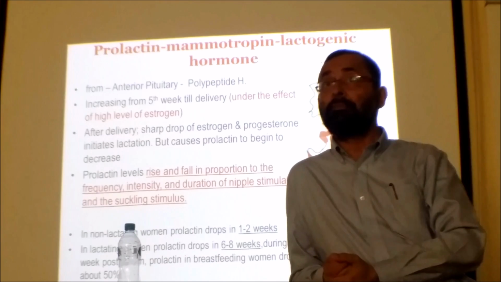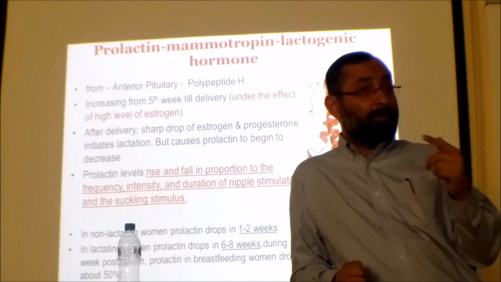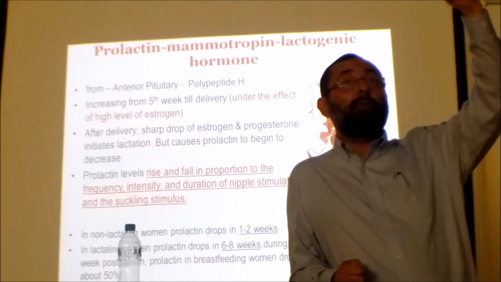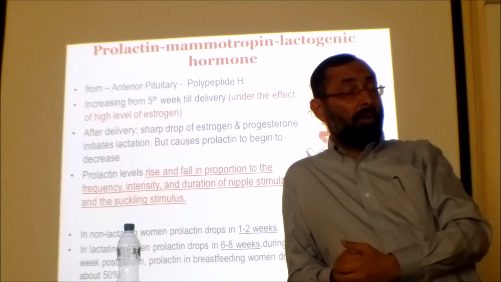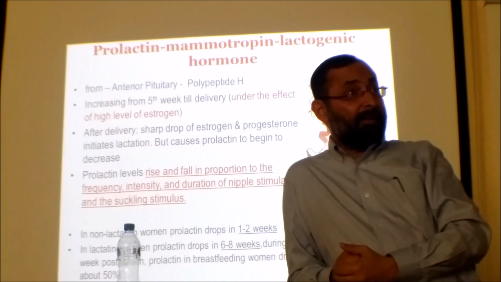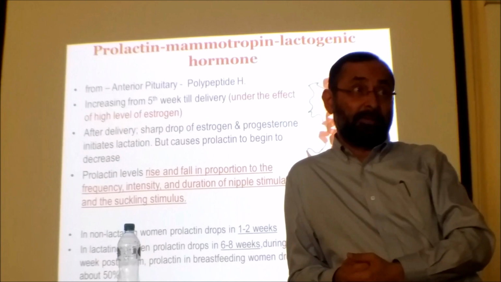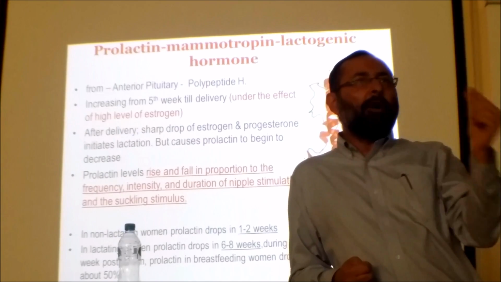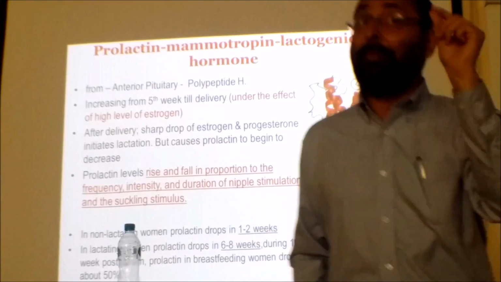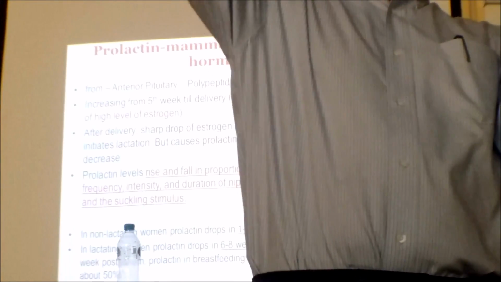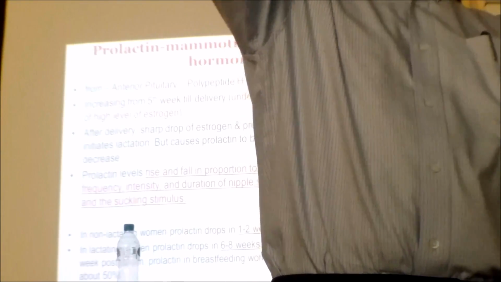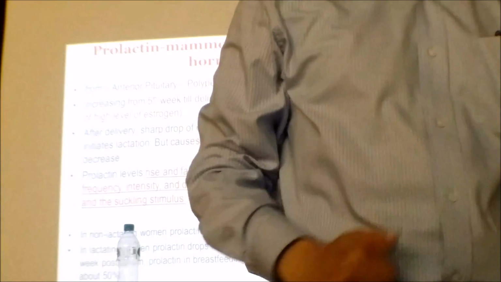This hormone, prolactin, is controlled by a very special substance coming from the hypothalamus. Always remember, the only hormone of the pituitary which is controlled only by an inhibitory hormone, which is inhibited all the time, is prolactin.